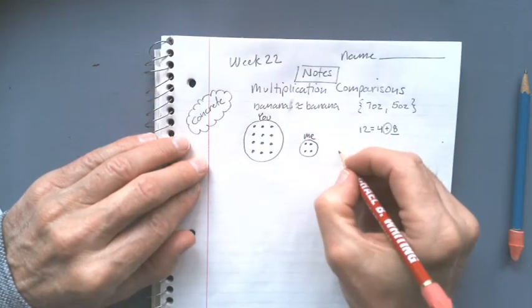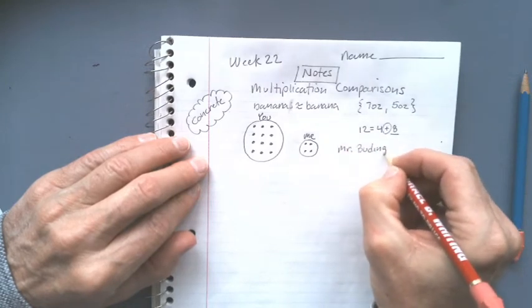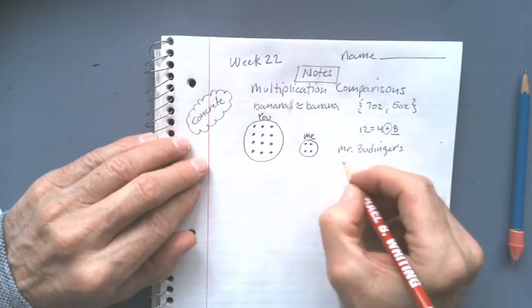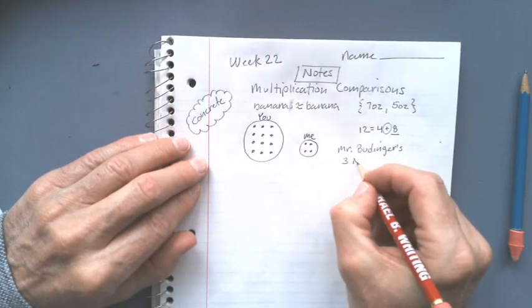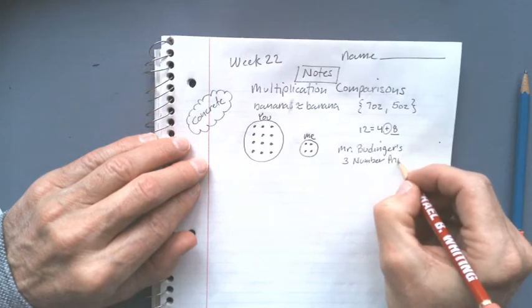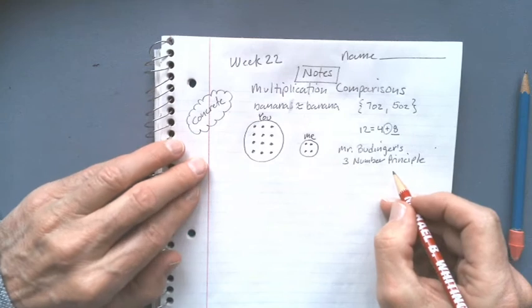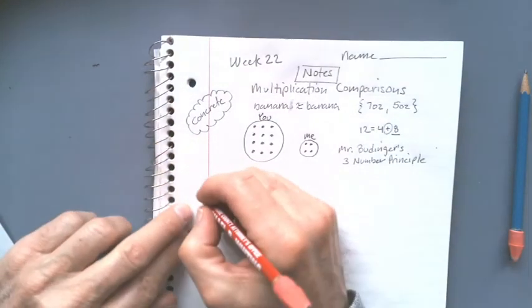And we're going to use Mr. Budinger's three-number principle. Remember that? So let's go a little bit more abstract now.